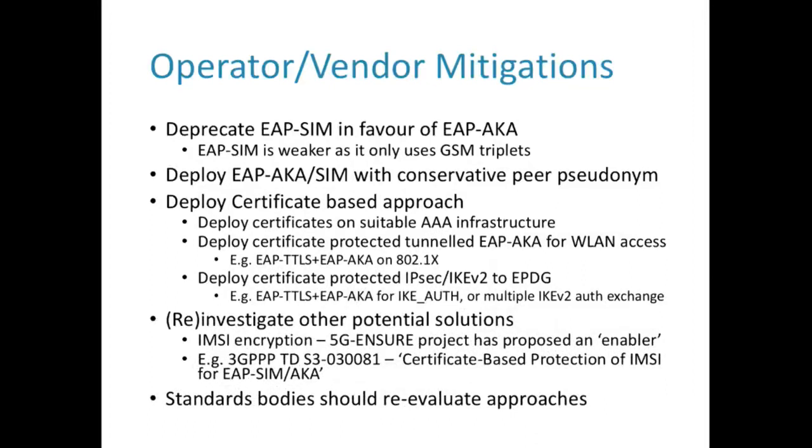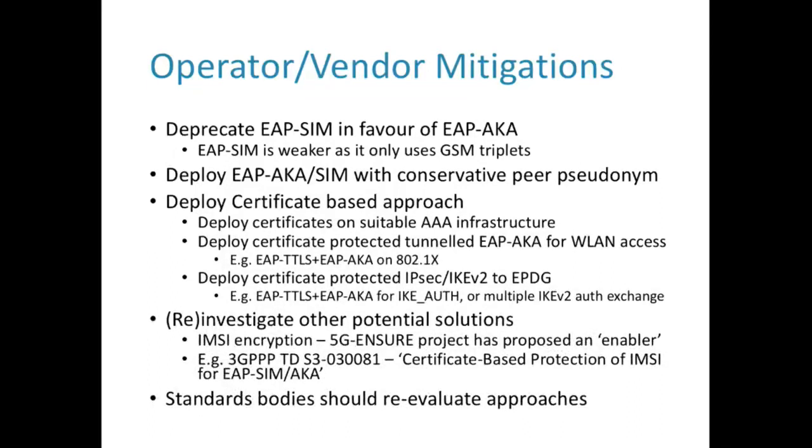And then looking at a certificate-based approach, which would require investing in putting certificates into the AAA infrastructure, and then it would provide protected tunnels for the EAP-AKA, for WLAN access, and for Wi-Fi calling. So basically using this protocol I talked about, EAP-TTLS plus EAP-AKA.